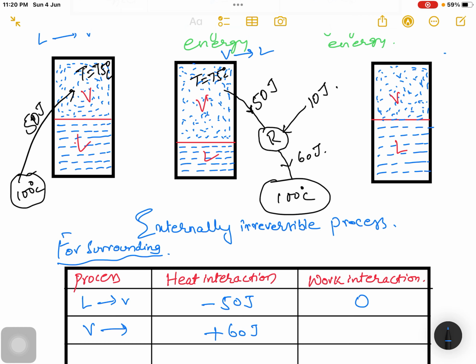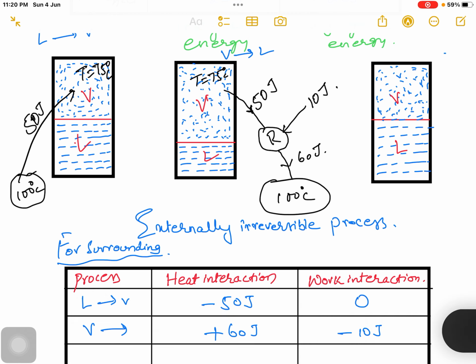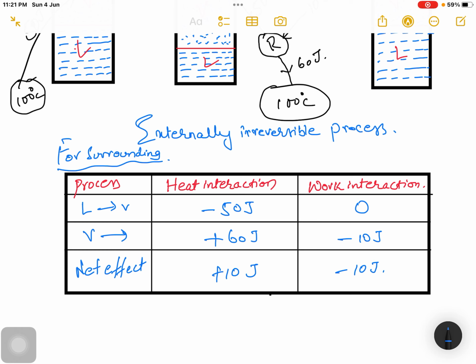So the net effect is plus 10 joules and minus 10 joules. As I told you before, on comparing, irreversibility is decreased, but still it is an externally irreversible process only.